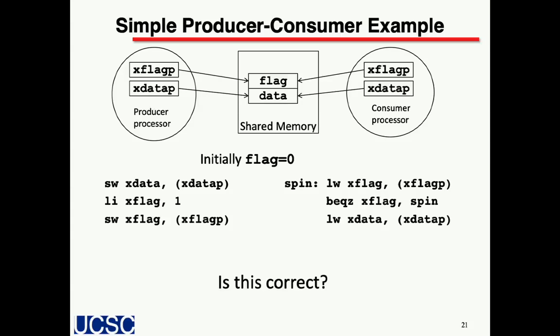But obviously the problematic case is if the instruction to write to flag goes forward and writes one before the entire store has happened. Which is the entire store? The store of data. Yeah. Okay. So that's right.